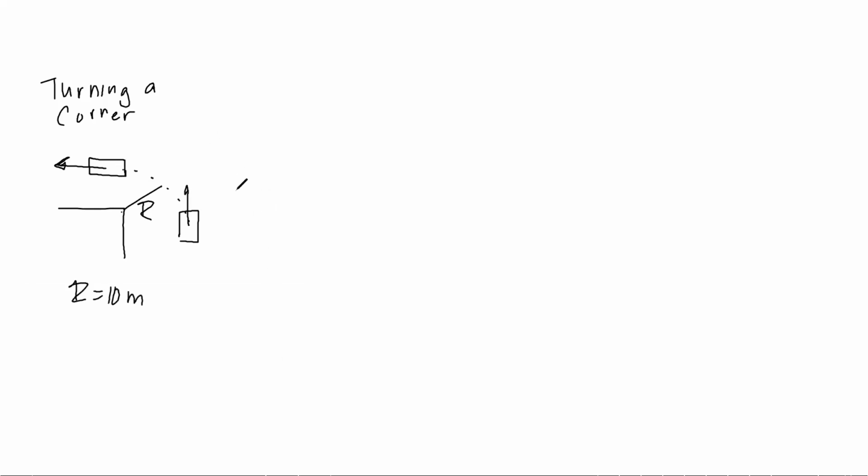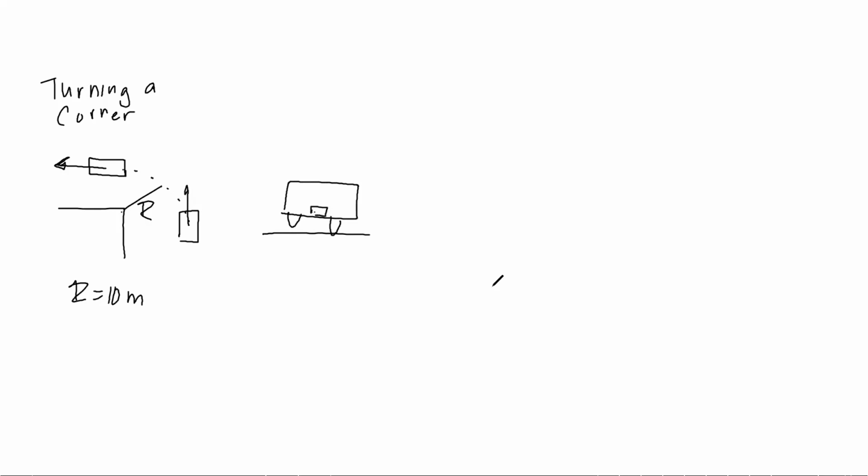So the question is, how quickly can we take this turn without sliding? And how do you draw the free body diagram? Well, the RT axis isn't that useful in this simple uniform motion problem. So what we do is we'll draw the back view of the car. I know this is not a pretty picture, but this is the back view of the car.